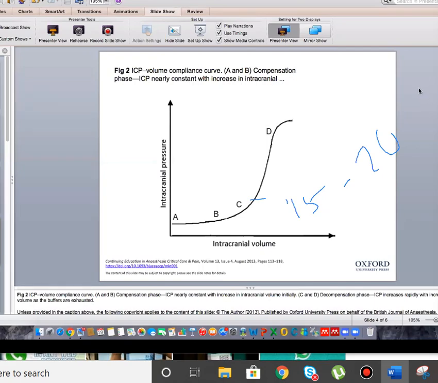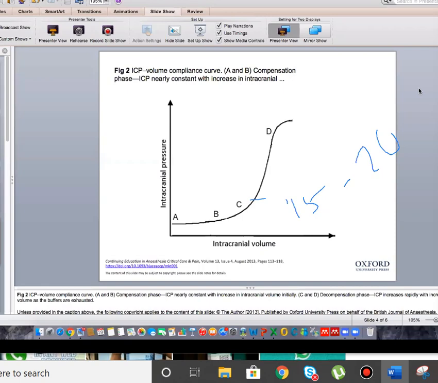Chaturi? No, sir. Sir, it says the intracranial volume is constant, almost constant, and it cannot expand. Okay, fine. So that's roughly what it means.